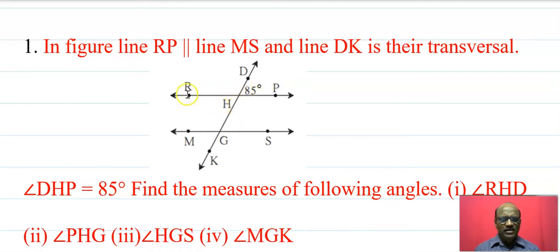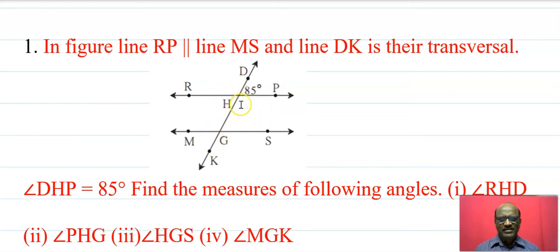That is, the measure of angle RHG is equal to 85. The measure of angle DHR is 95 by using the linear pair angles. Again, the measure of angle RHG is 95, because these are vertically opposite angles.